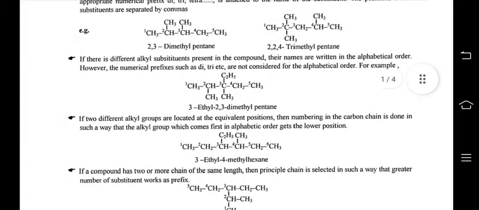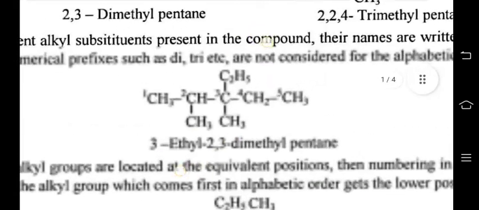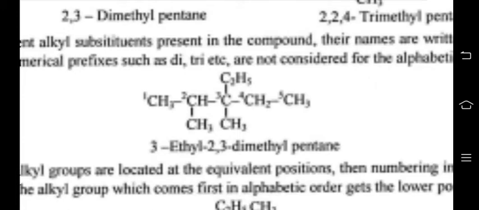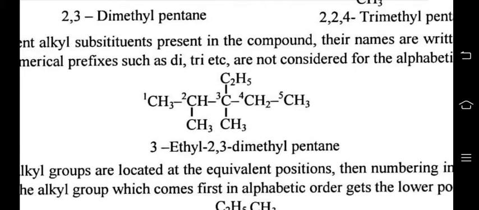Next, if different alkyl substituents are present in the compound, their names are written in alphabetical order. So the structure is given here. In this structure, we have to select the longest continuous chain. This longest continuous chain has 5 carbons and substituents attached at the 2, 3 positions. At position 2 and position 3, two methyl groups are there. That's why we can write it as dimethyl.